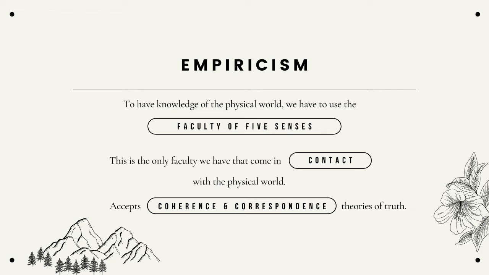Kung sa rationalism ay it only accepts the coherence theory of truth, which is verifying a formal claim with the use of the faculty of reason as stated sa report ng Group 3, sa empiricism naman ay it accepts two theories of truth, the coherence and the correspondence theories of truth. So yung correspondence theory is verifying an empirical claim with the use of the five senses.